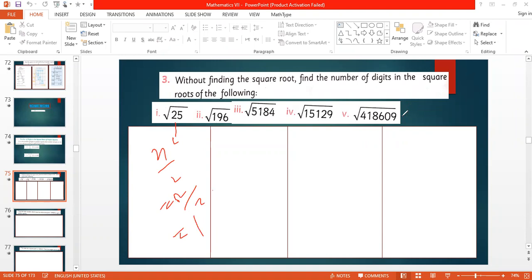Just 1 is your answer. Here, n plus 1 by 2, so 3 plus 1 by 2, so 4 by 2. From 4 by 2, we are getting just 2.